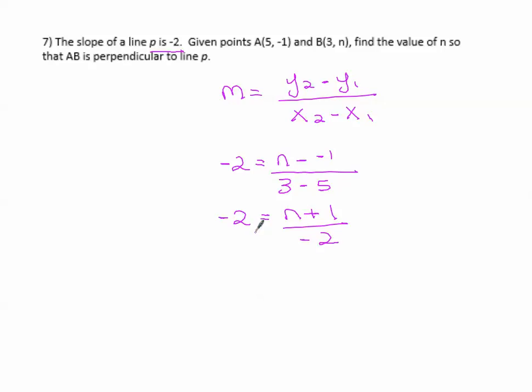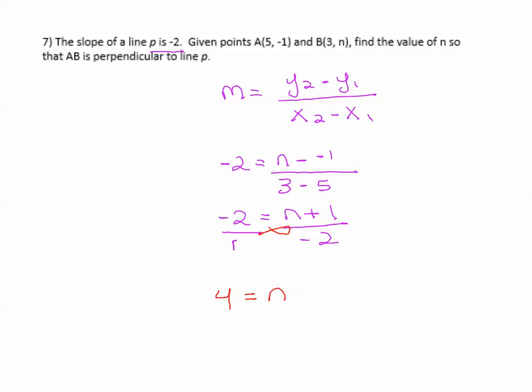All right, now I want to cross multiply. So I'm going to go ahead and make this a fraction as well. If it's not, just put it over 1, just like I did. So -2 times -2 is 4. And then 1 times n plus 1 is n.